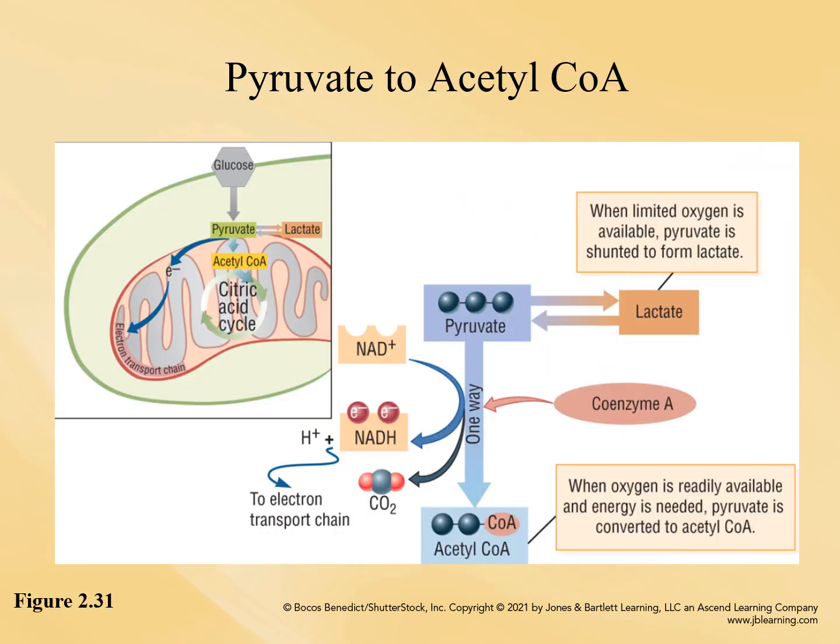Pyruvate is the end result of glycolysis. If you are in a high intensity activity and the aerobic system is not able to turn on effectively, you're not able to get enough oxygen in via the lungs, it's going to convert to lactate, and that shuttles away, but that allows glycolysis to continue.